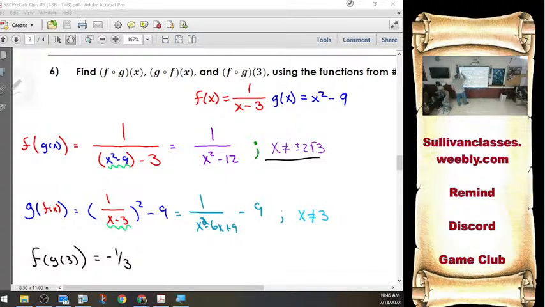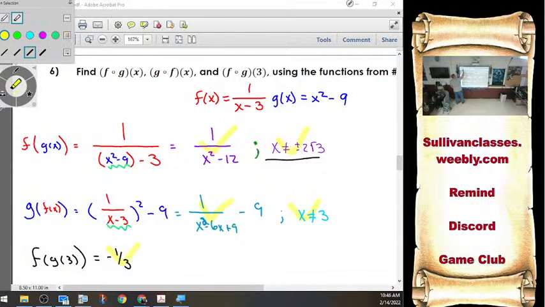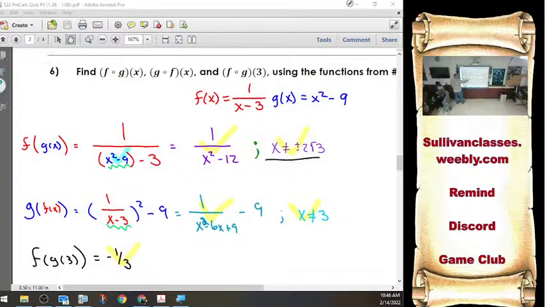If you're wondering how that goes points-wise, you got the rule, you got the domain, you got the rule, you got the domain, you plug stuff in. Let's say back here, you accidentally wrote +9.